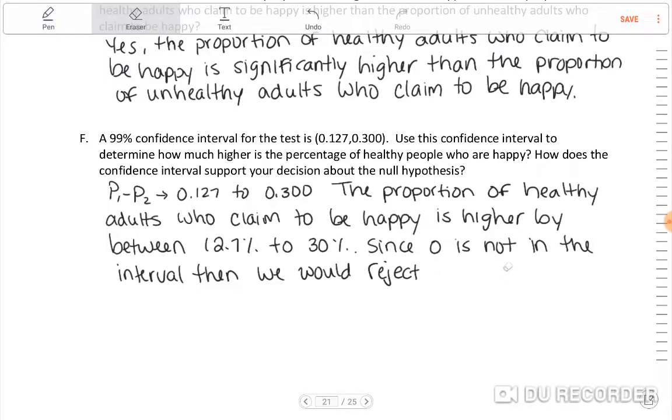Let me say we would reject H naught. So it agrees with my decision about the null.